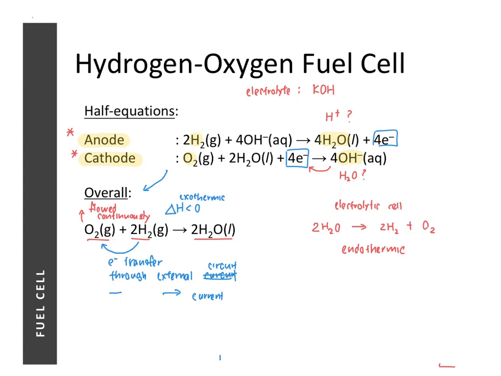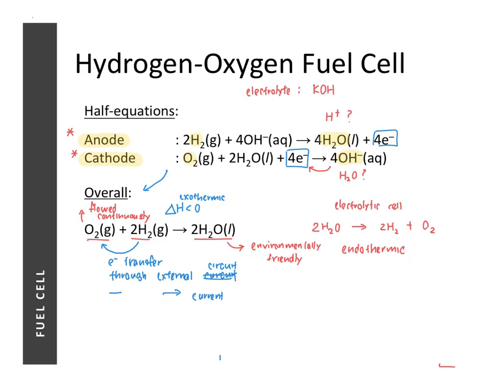The next thing is this, that the product of this fuel cell is water. As compared to maybe petrol, which produces carbon dioxide, the fact that it produces water tells you that the hydrogen oxygen fuel cell is environmentally friendly, because the use of the fuel cell, or the use of hydrogen as a fuel, does not produce harmful gases.